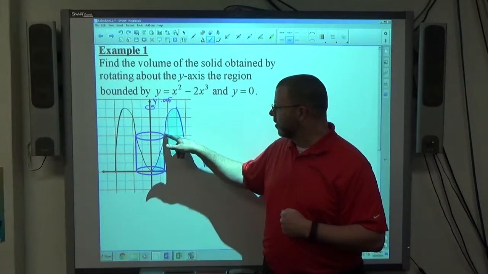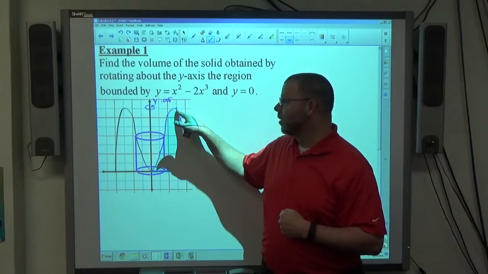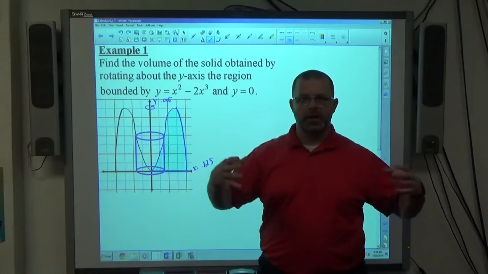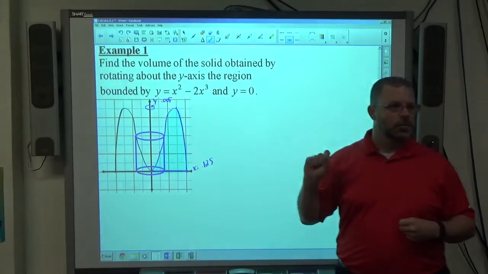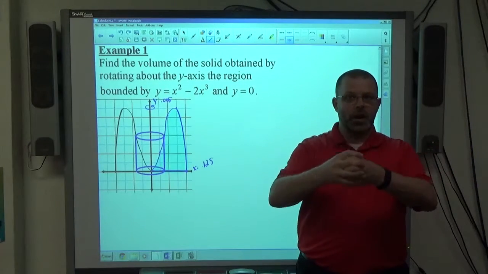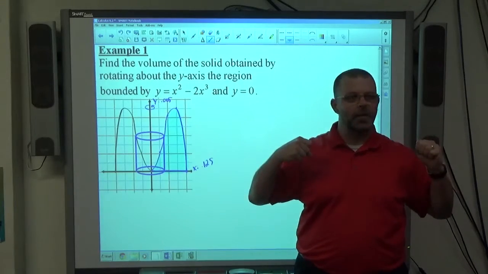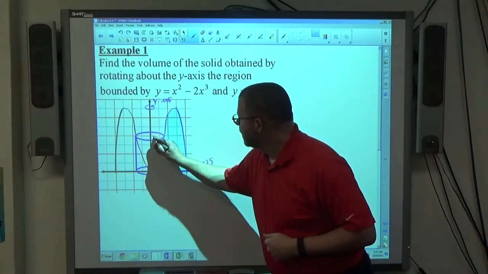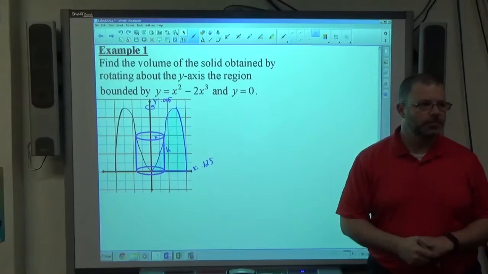Next one's a little bigger, a little higher, and so on up to here. And then a little bigger, a little lower, a little bigger, a little lower. Each one of these shells is sitting on top of the other, and when you put all these cylinders together, you create this whole shape. It's like one's down and you create a skin for that, and it attaches to the outside, and the next one goes to the outside and so on. So it builds itself out like that. The radius and the height are the two things we care about.